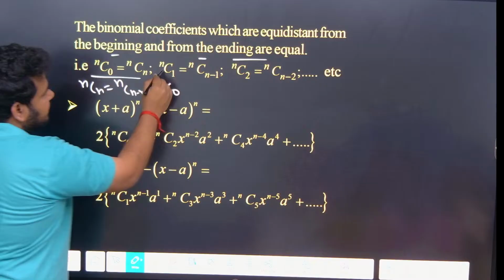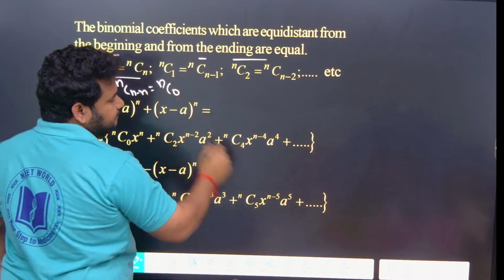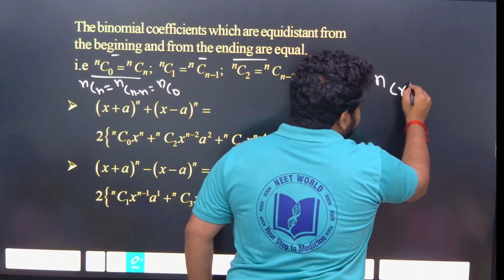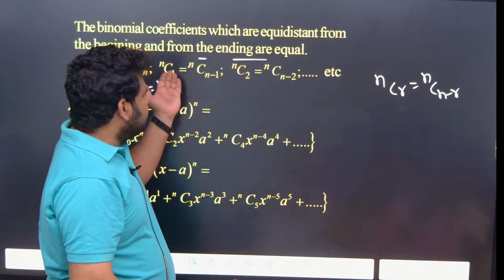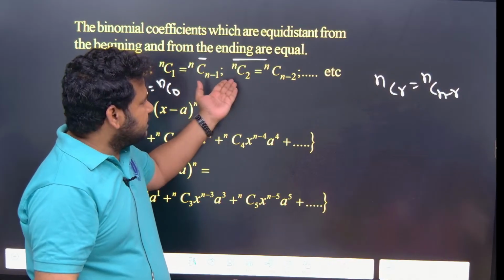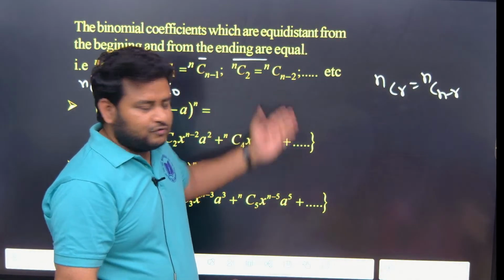In the same way nC1 can be written as nC(n minus 1). We have the property nCr can be written as nC(n minus r). Based on that, nC2 can be written as nC(n minus 2).